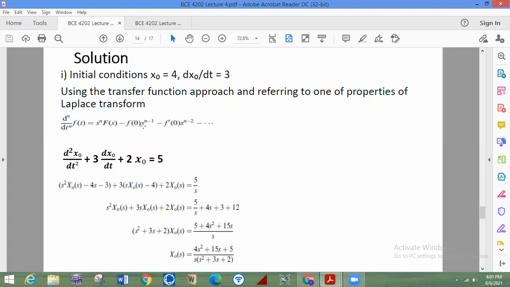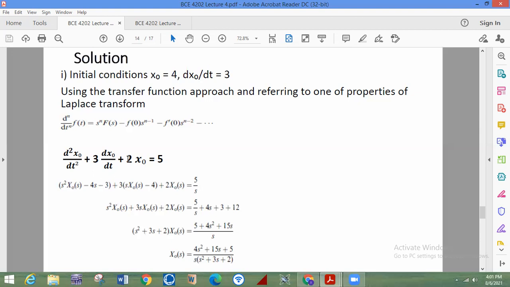So it becomes s to the power 1, and any number to the power of 1 remains that number, I think from our primary or junior school mathematics. That's why we shall have our s appearing here. But why do we have a 4? We have a 4 because this is our function f of naught represented by x of naught, which is 4. So it will be minus 4s.